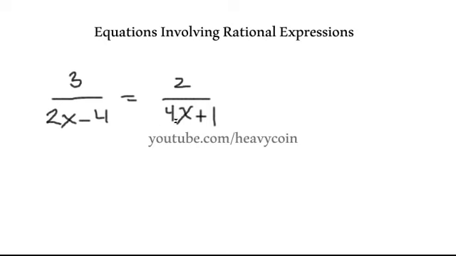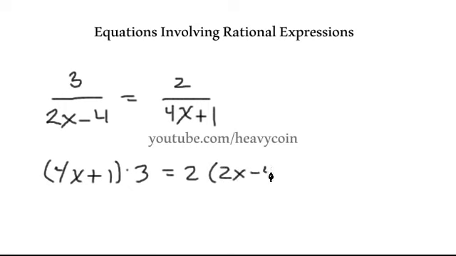So I'm going to take the 4x plus 1 up here, and I'm going to take the 2x minus 4 up over here. Right, so the shortcuts help out. So now, what are we going to do?